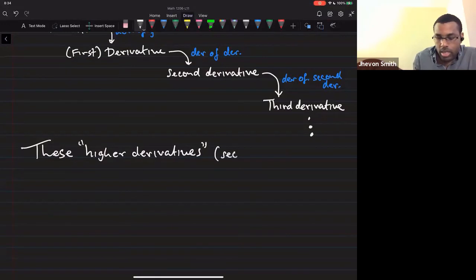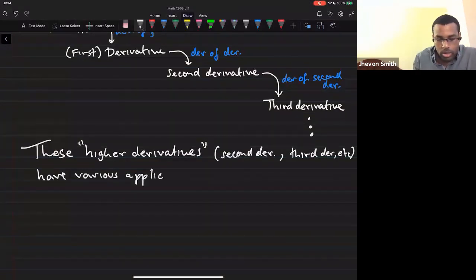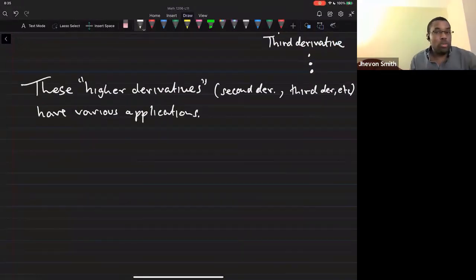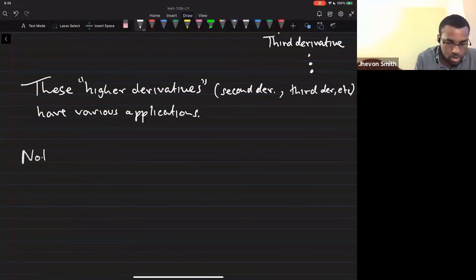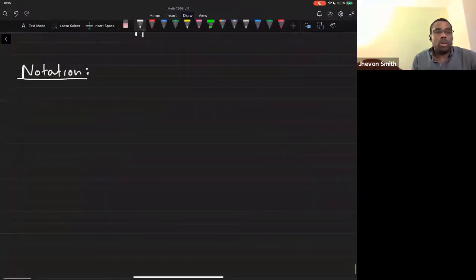By that, I'm referring to things like the second derivative, third derivative, etc. They have various applications, which we'll get to, but first let's talk about notation. How do we actually write these down?